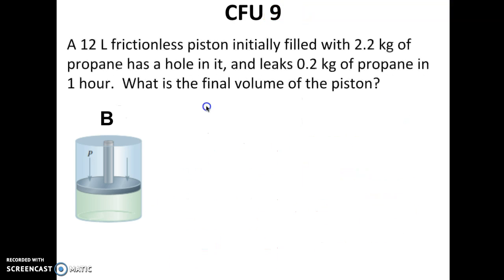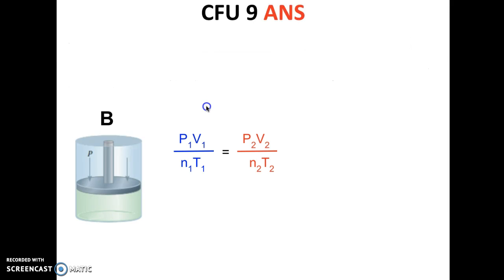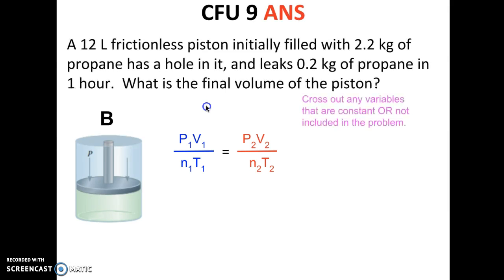Okay, CFU 9. You're going to try this one now. So take a moment, identify the variables that are changing and what stays the same. And when you press play again, the work will be revealed. Okay, so we're going to cross out anything that is constant or not included. In this case, volume and temperature.